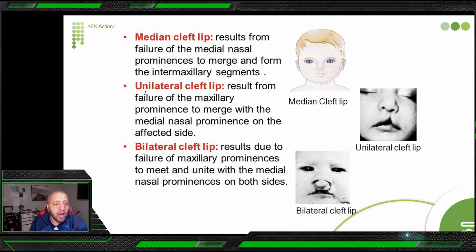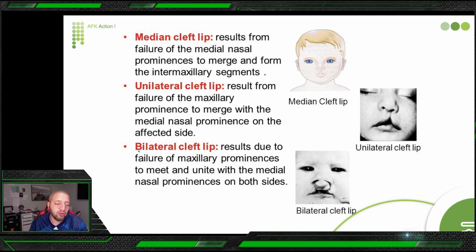The second type is unilateral cleft lip, which results from failure of the maxillary prominence to merge with the medial nasal prominence on the affected side. So it's happening on the right side or left side: when a failure happens between the medial nasal process and the maxillary process, it will lead to a unilateral cleft.